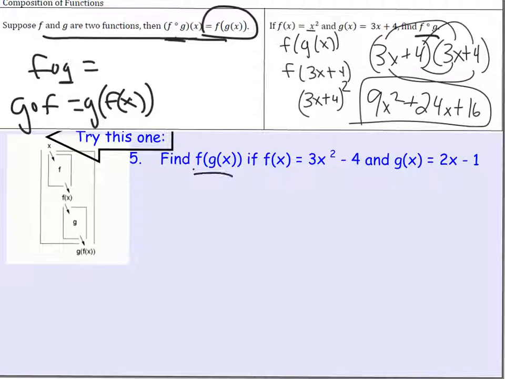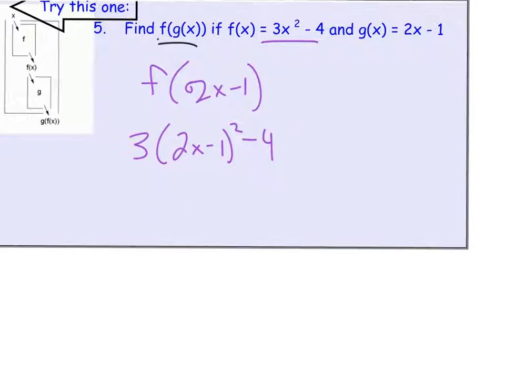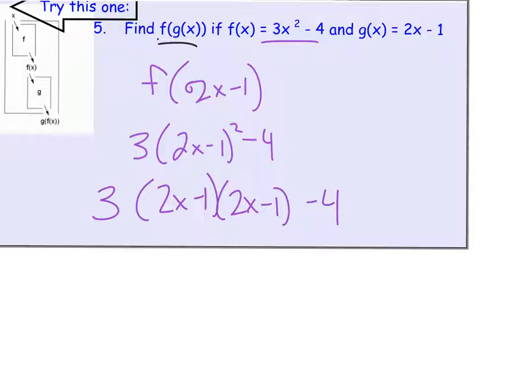So find f of g of x down here. Take g of x, just 2x minus 1. I'm going to put it in that function. So I'm going to take 3 times 2x minus 1 squared minus 4. So that's going to be 3 times 2x minus 1 times 2x minus 1, minus 4.